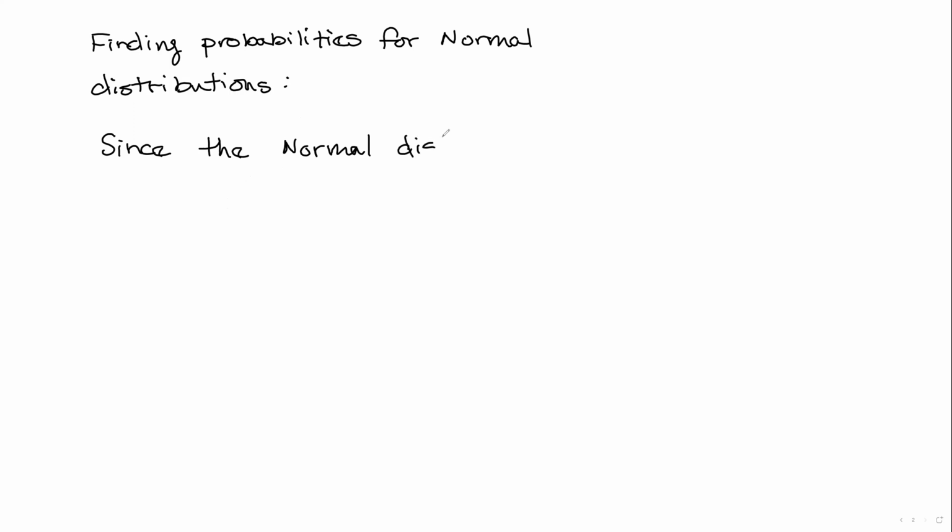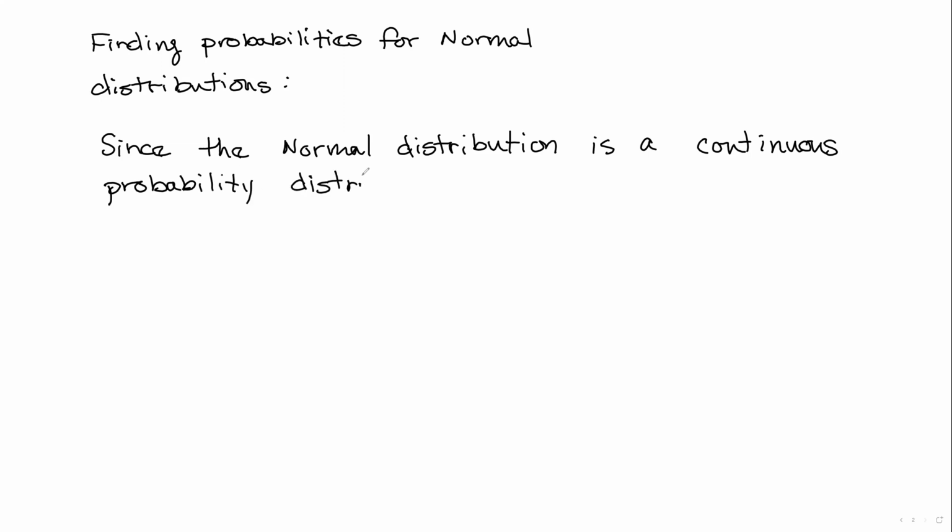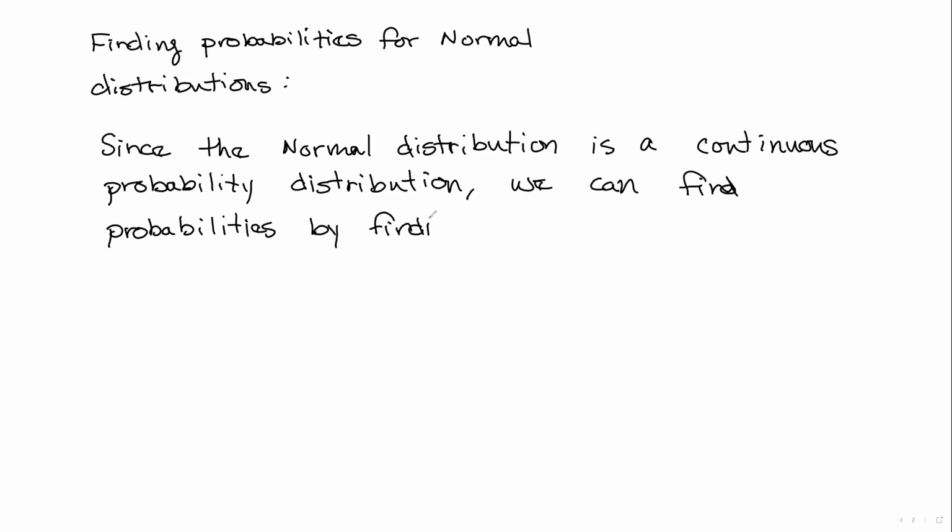Since the normal distribution is a continuous probability distribution, we can find probabilities by finding the area under the curve over a given region.